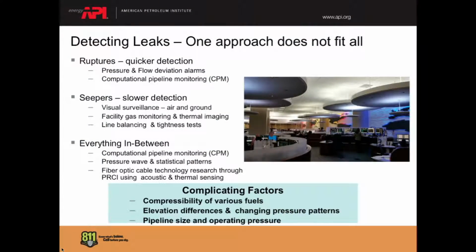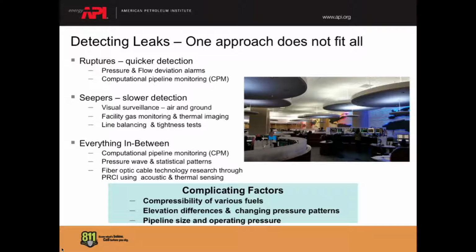If you break down leaks by categories, I'll start with ruptures. These are leaks where we would expect an early detection. Tools that operators use are pressure and flow deviations that can alarm and tell a pipeline operator in a control center of an abnormal operating condition.